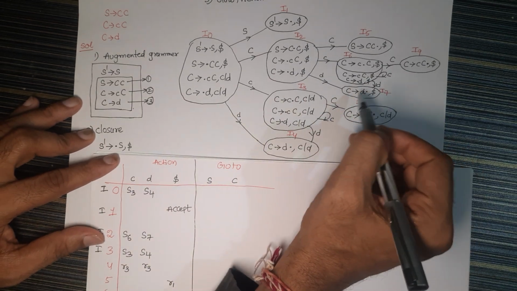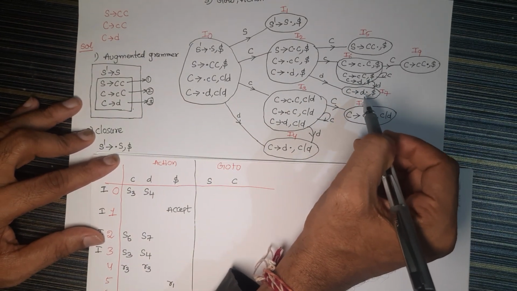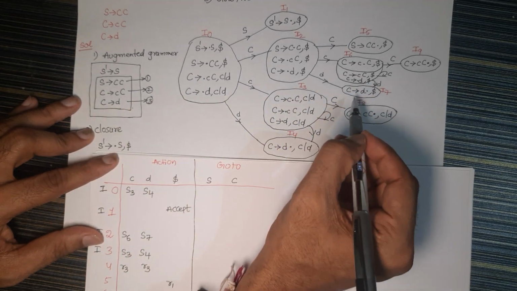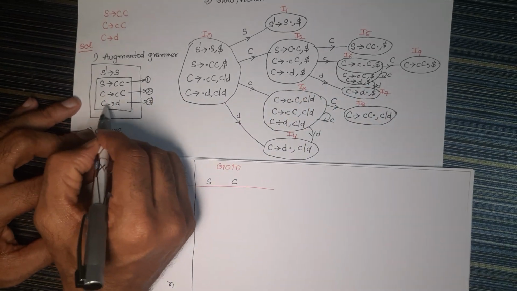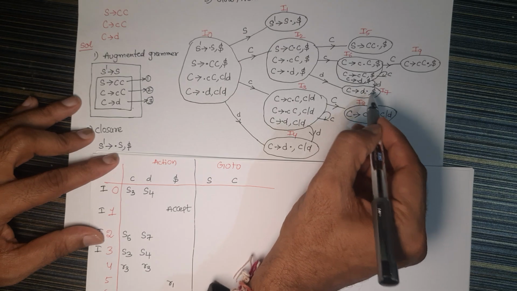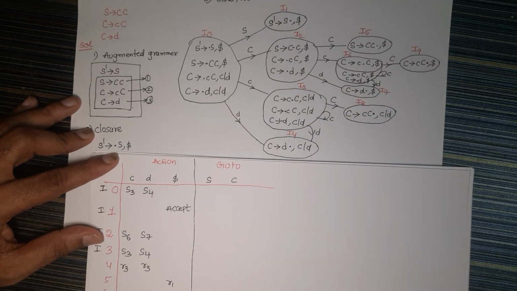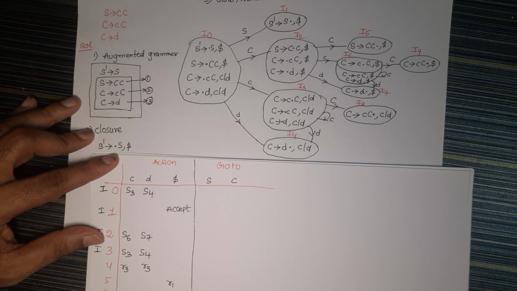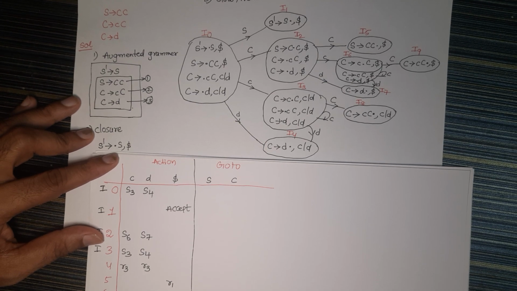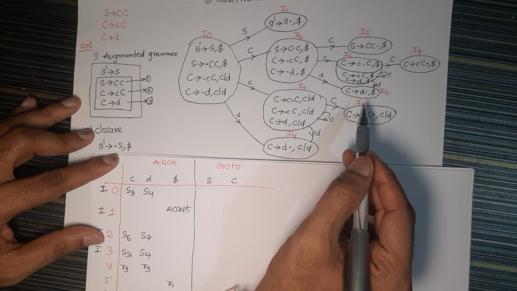Next one, I7. I7 is C tends to D dot. This is the third production in the given grammar, which is also called R3. Now you place it in place of dollar. In I7, in place of dollar, just write R3. Okay, so finally we have I8 and I9.